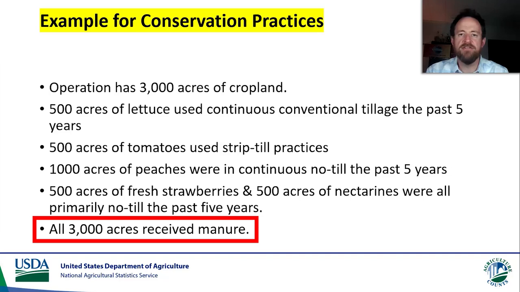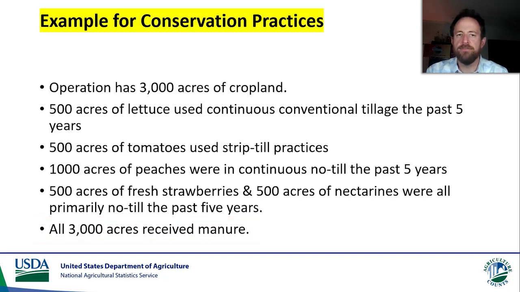All 3,000 acres received manure. The operation did not practice alley cropping nor use any feed additives. How do we fill this out?